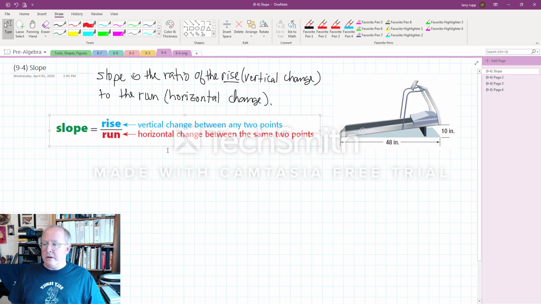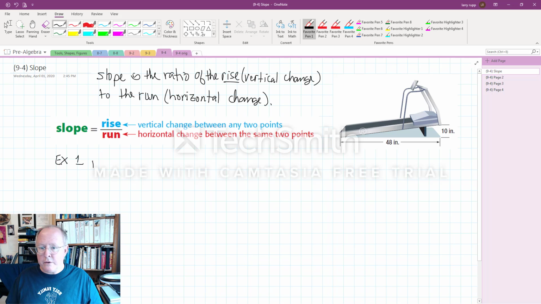All right, let's do an example then. Let's do example 1 on page 481. It says, find the slope of the treadmill to the right here. So our slope, we know so far, is defined as the rise over the run.